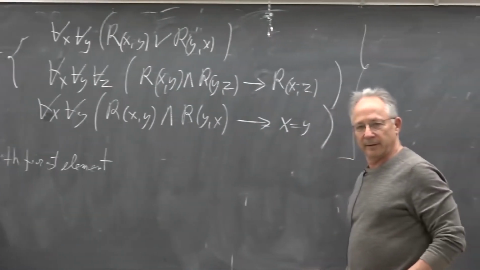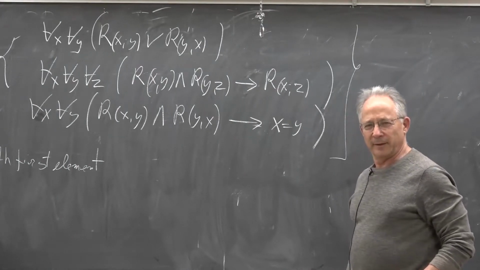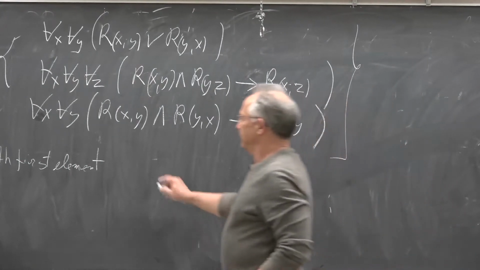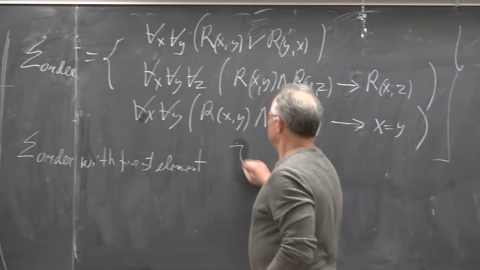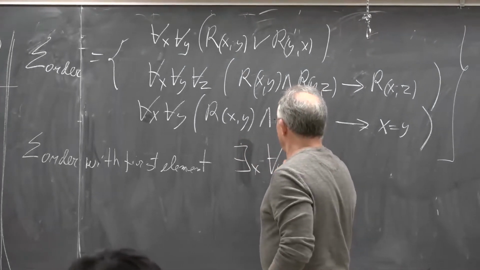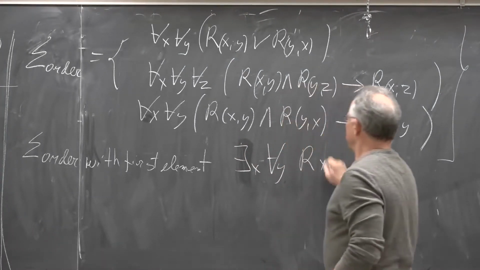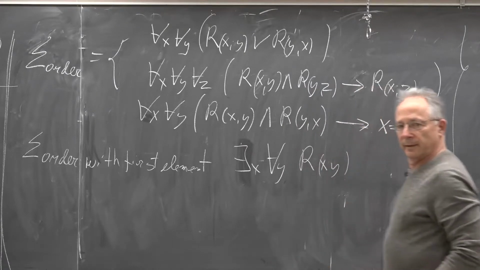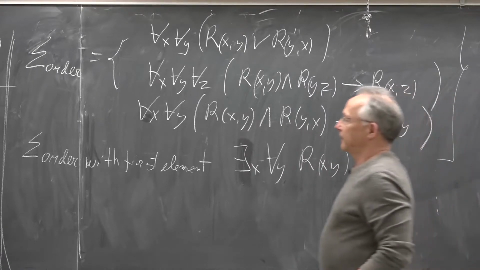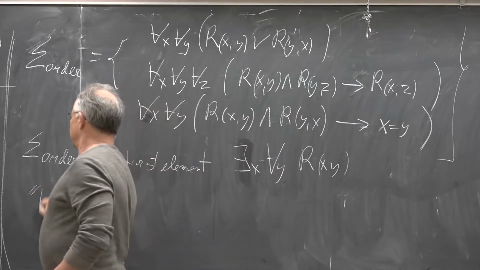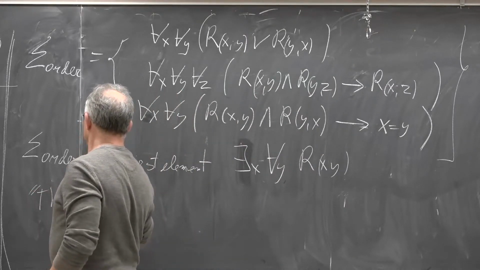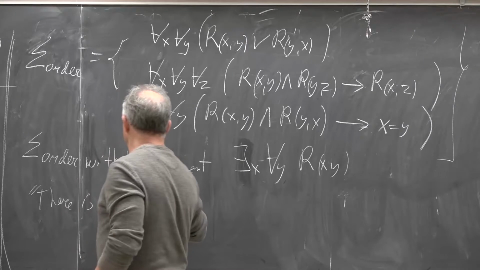Yes? There exists an x such that for all y, R(x,y). Right. And how do I say there is no maximal element?